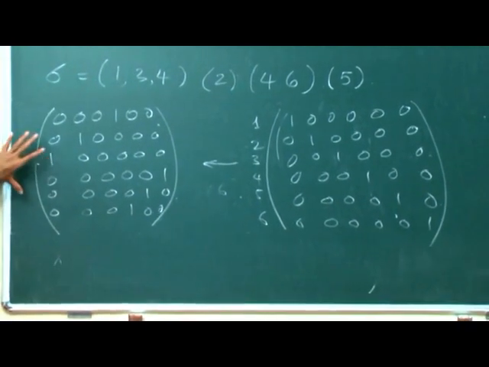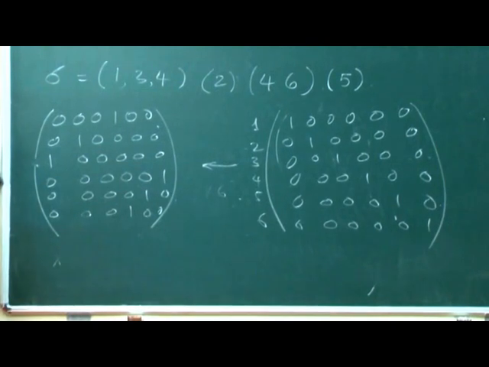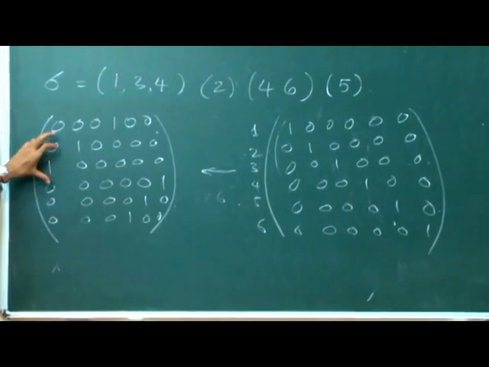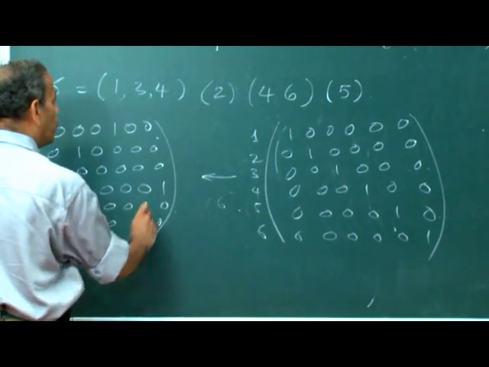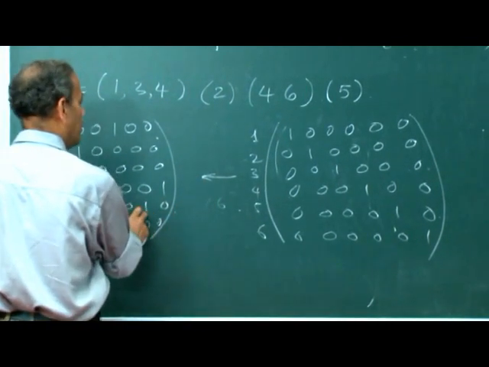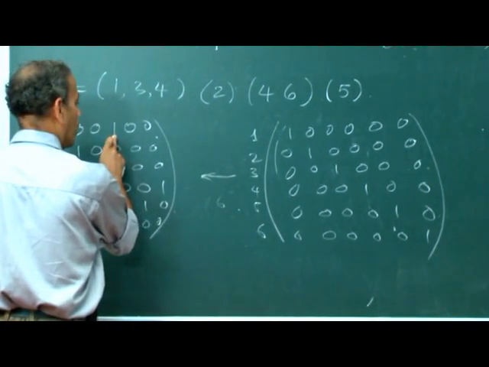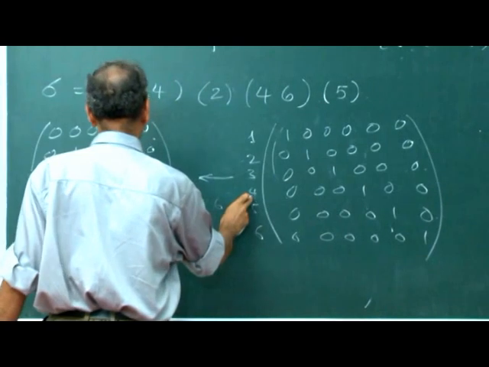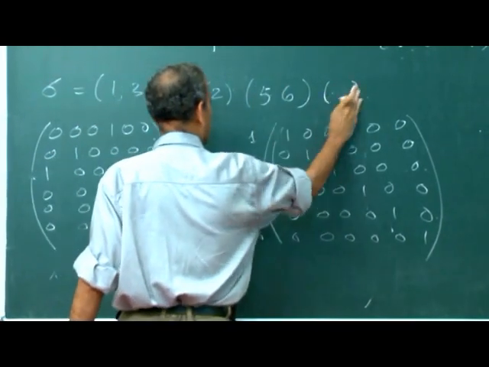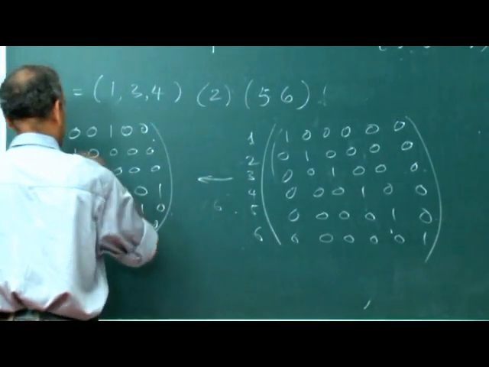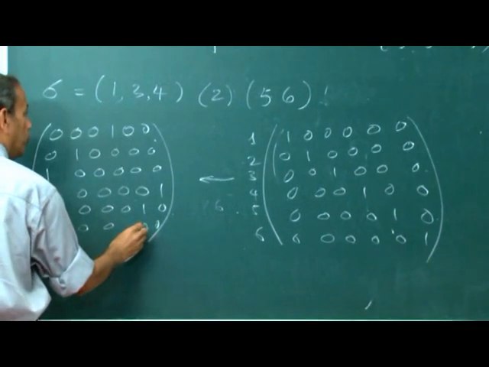So you can see the matrix we have associated. There is a mistake here. Row number 5 is going to row number 5. Row number 6. Oh, I just made a mistake. So this is correct. So row number 5.